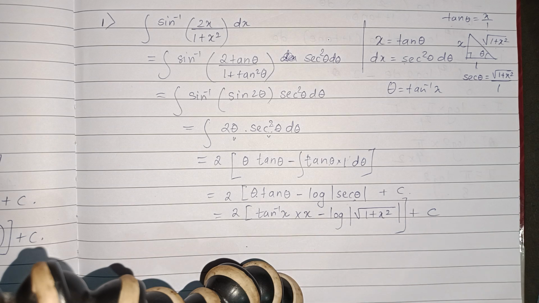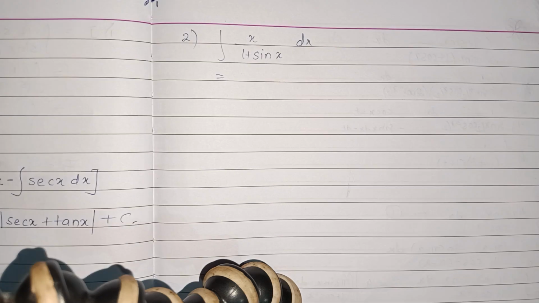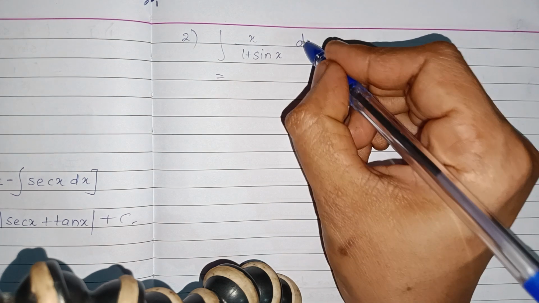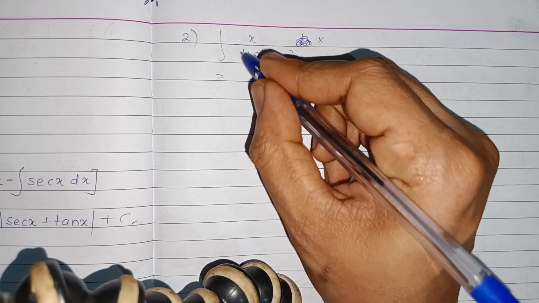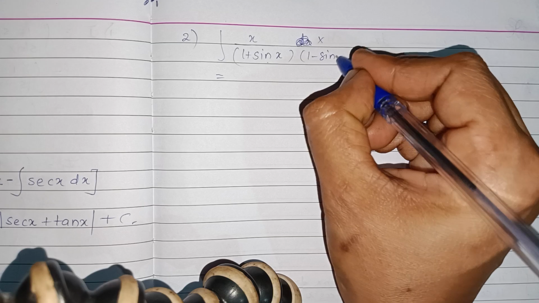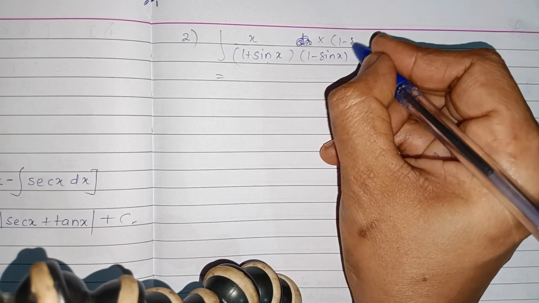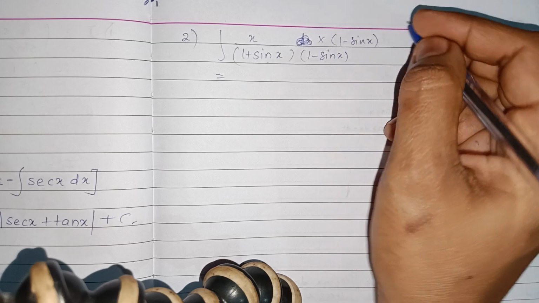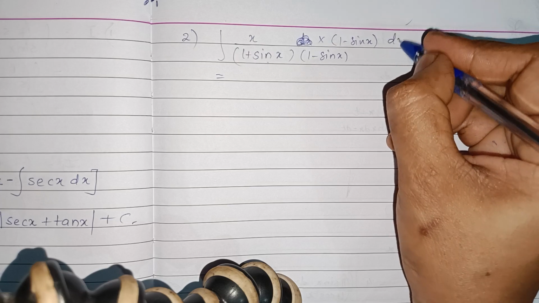c. Okay. Next question, integral x upon 1 plus sin x dx. Okay. So here we can remove this 1 plus sin x by multiplying 1 minus sin x in the numerator and in the denominator.